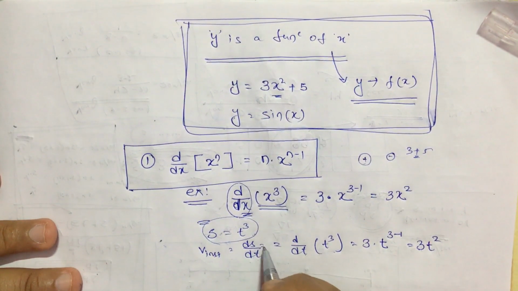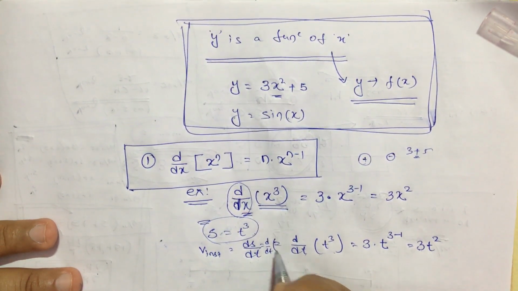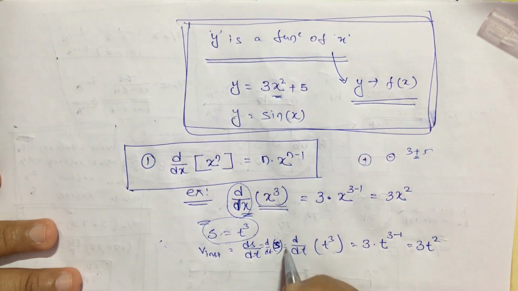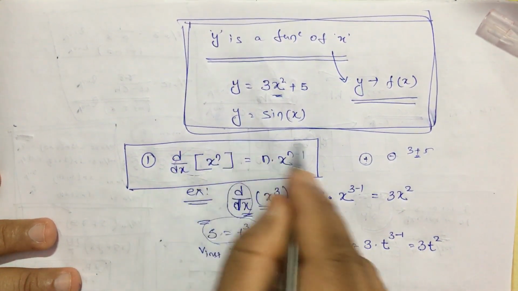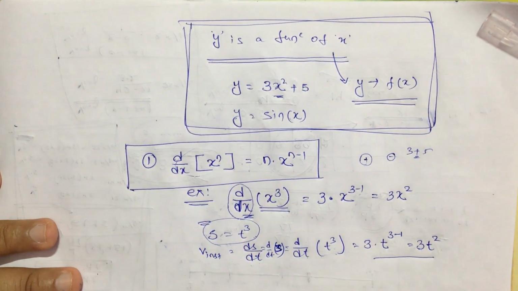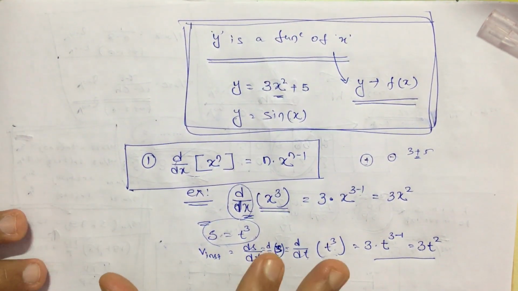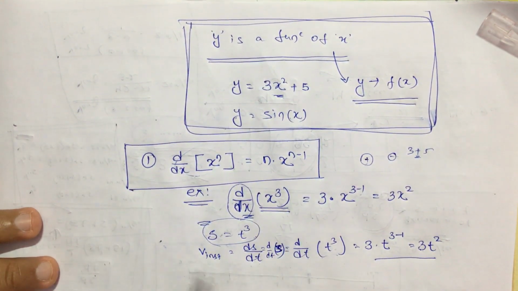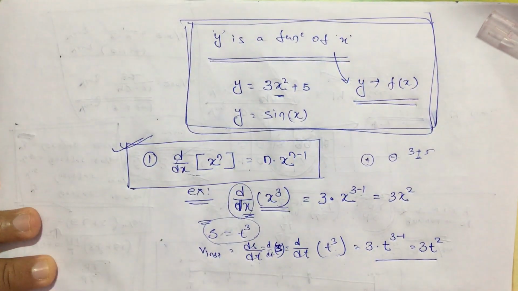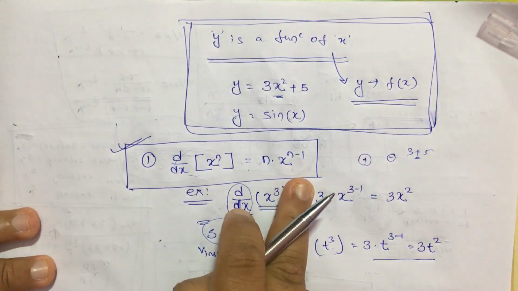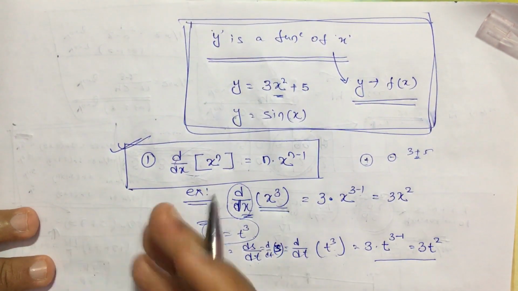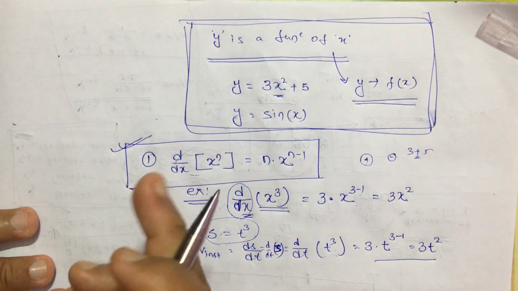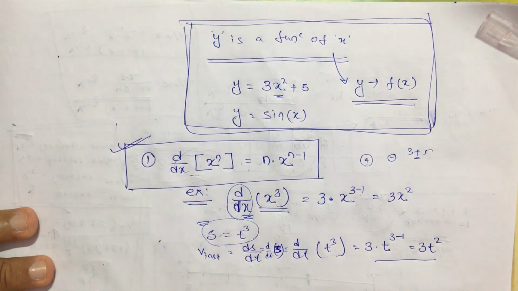S is t cube as given, so I have written it, and by using this formula I have found this answer. So in all the formulas, you have to remember the formula, not just mug up the formula, you have to know how to use it. So you have to practice one formula, remember that formula, and one example.